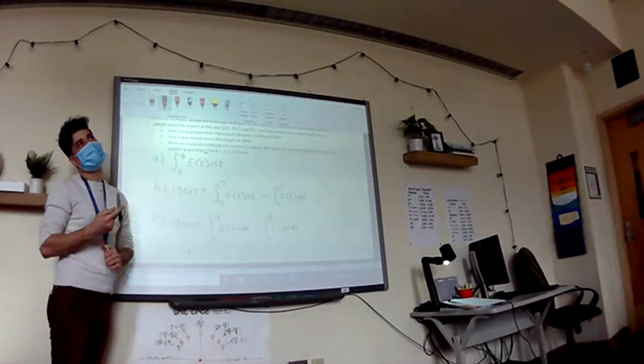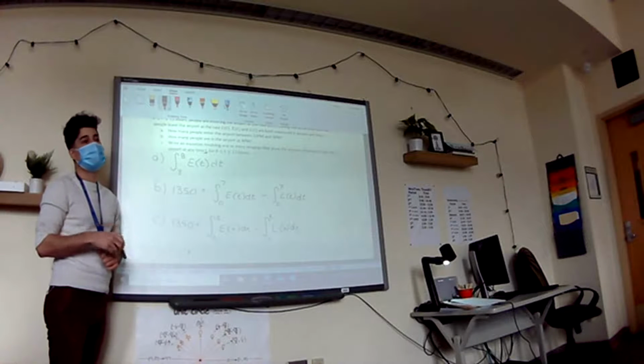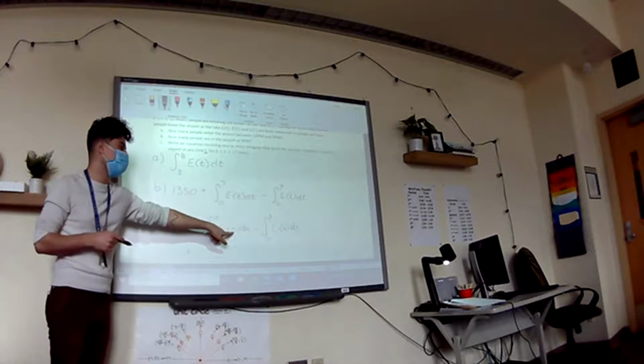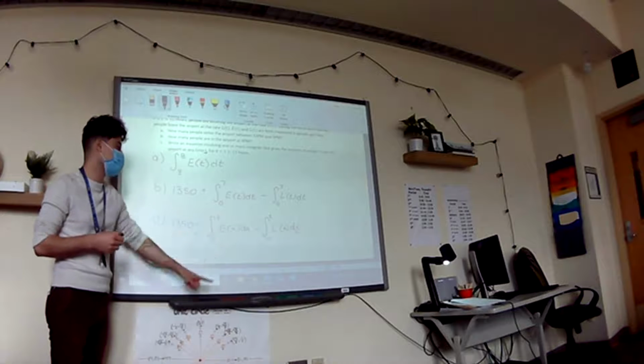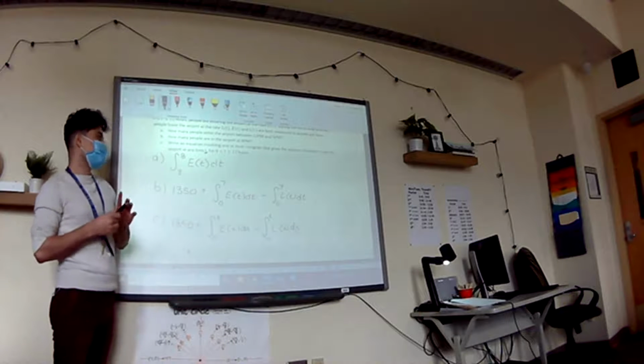No, let me try to think of how to explain it. Does that make sense? Should I ask my question in a different way? No, it makes sense. You're saying this is at the time, and this is the same. We're talking about the same time. Like if we got 4 p.m., we plug in the 4. Yeah, I know what you mean, but it's a different thing.